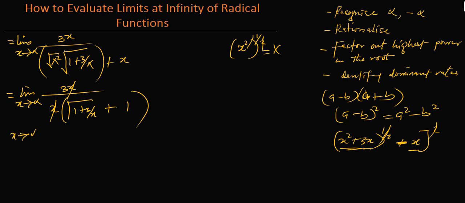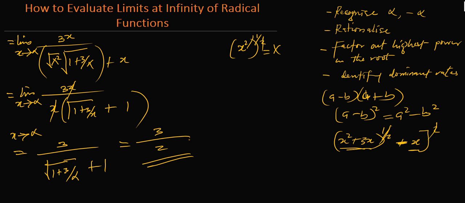As x approaches infinity, we substitute the value of x. We are going to have 3 all over root 1 plus 3 over infinity, plus 1. 3 over infinity is 0, so we have 1 plus 0, which is 1. Root 1 is 1, plus 1 gives 2. So we have 3 over 2, and that is our final answer.